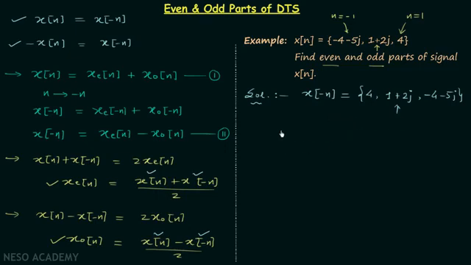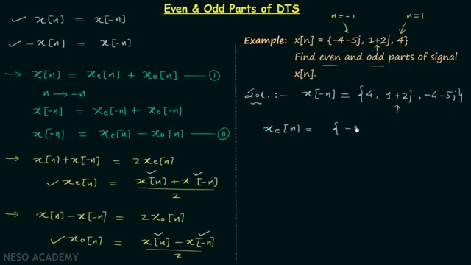Now let's calculate the even component first, which is xe[n], and for this we need to add x[n] and x[-n]. And we have seen how to perform the addition of two discrete time signals. To add two discrete time signals, we simply add the corresponding samples. Therefore, we will add -4-5j and 4.